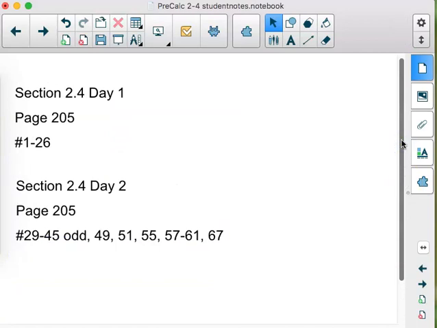So, like I said, definitely you can finish the 1 through 26 now, but when you're getting to 2-4 day 2, if you're feeling like, oh, I don't think we covered one like this yet, hang in there. You know that we still have several problems listed under extra examples here, and we'll get to it. But I know you can probably get a pretty good start on that one too.